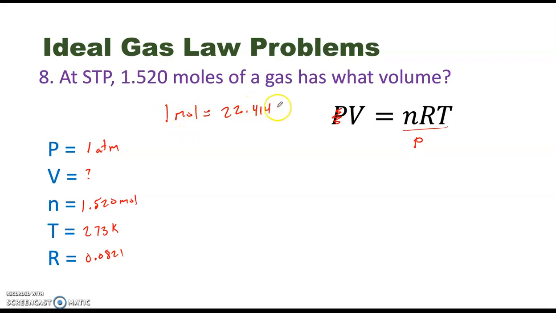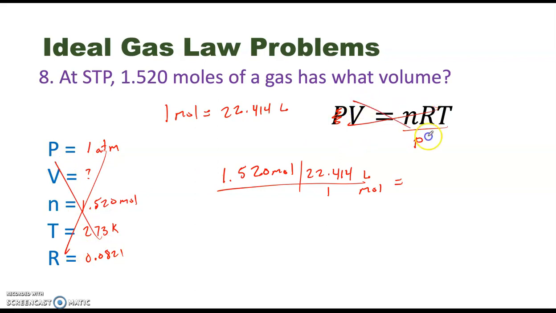So 1 mole equals this many liters. With that knowledge, we can just set this up: 1.520 moles. Doesn't matter what type of gas it is. We bring moles down, we put liters on top. 1 mole of any gas at STP is 22.414 liters. And we can solve it like this. So we don't have to do any of this. It's a lot quicker to do it like this.